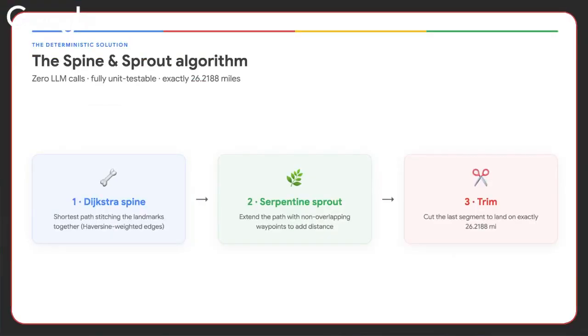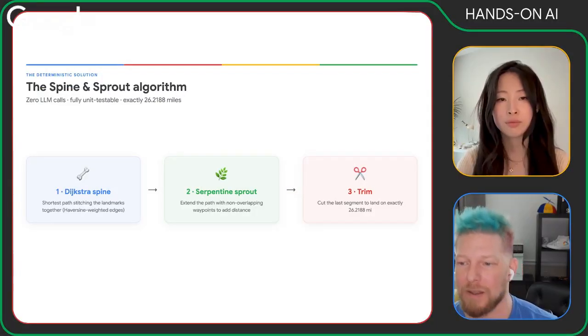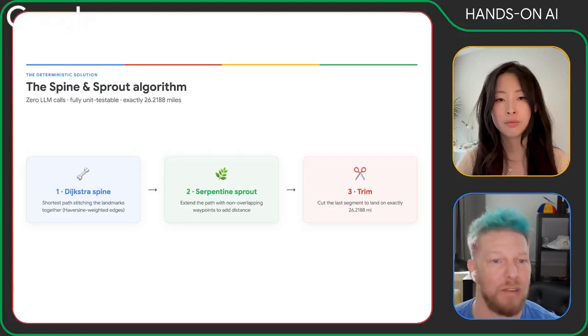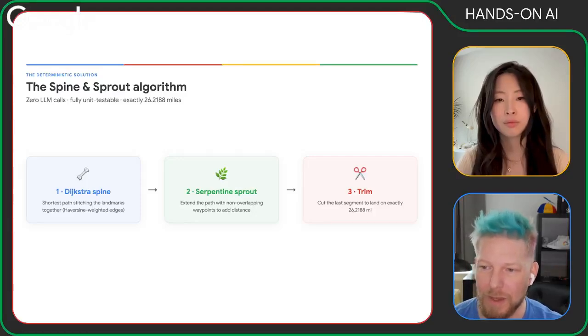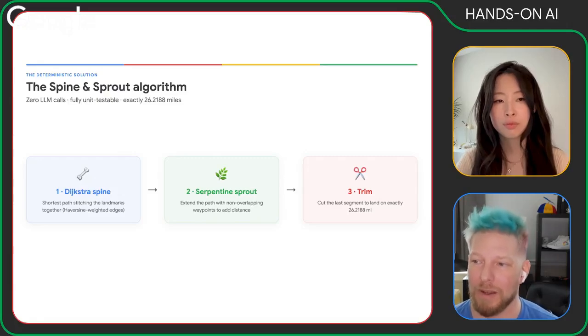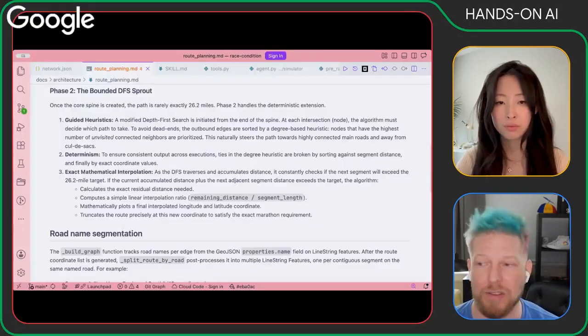So phase one, as I mentioned, is this Dijkstra algorithm that takes the road graph. It uses what's called Haversine weighted edges to stitch landmarks together. Then phase two is extending the path with a serpentine waypoint, which will have a series of sequences.